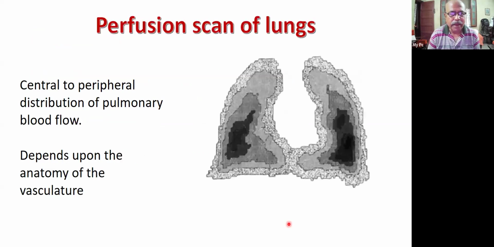Now, if you take a scan of the lung, you can see in this picture there is a central to peripheral distribution of the flow. Not only is there an effect of gravity, but the architecture of the vascular tree also plays a role, and therefore we have a central to peripheral pulmonary blood flow.